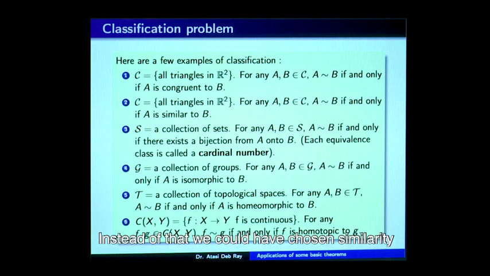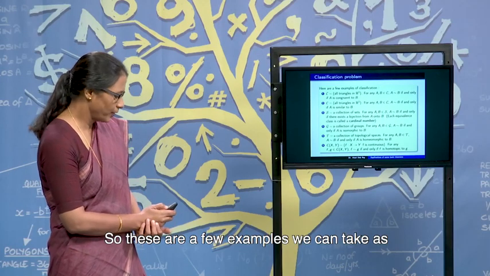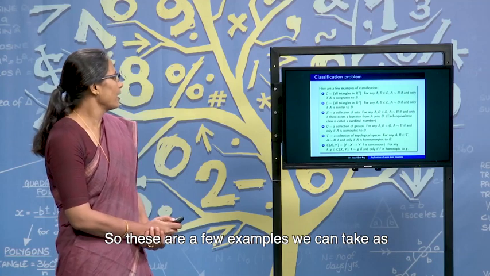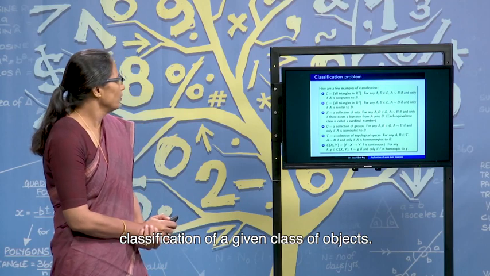Instead of that, we could have chosen similarity of triangles to classify. If we are given a collection of sets, then we can use the relation whether or not two sets are in bijective correspondence. So, these are a few examples we can take as classification of a given class of objects.